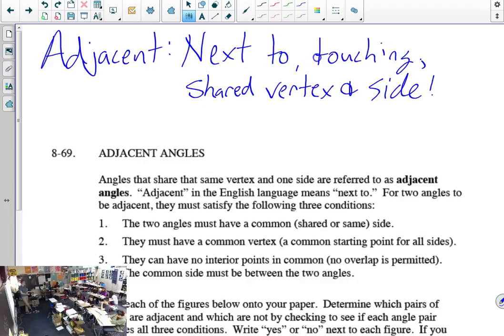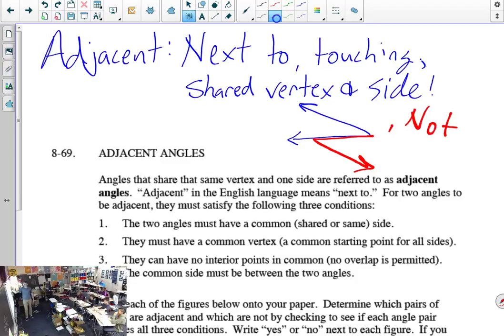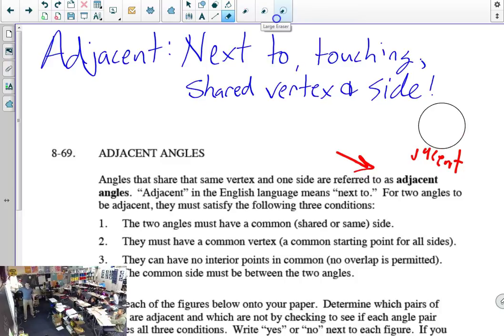It's tougher with angles. So you can't just share a wall. So think about it like this. I could have one angle going that way and another angle going that way. These are not adjacent, because they're not sharing the same vertex. This one opens that way with a vertex here. Red angle opens this way with a vertex there. These are not adjacent. So adjacent, an example that you can put in your notes.